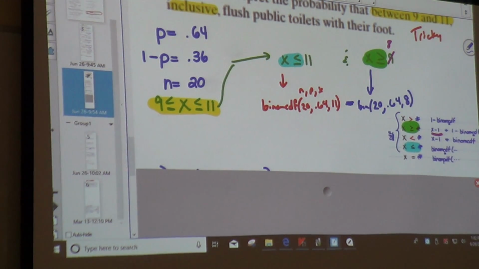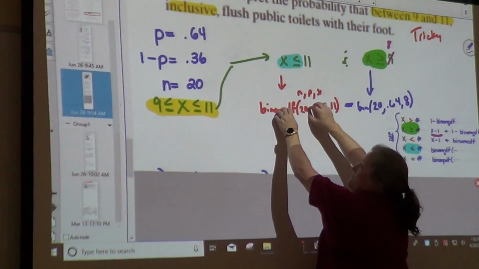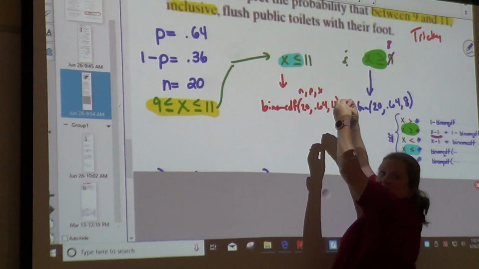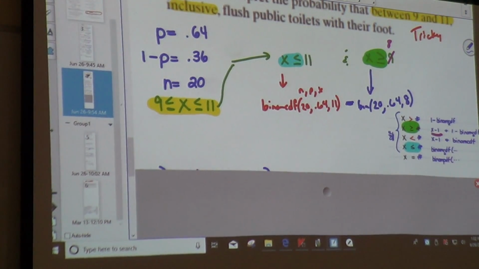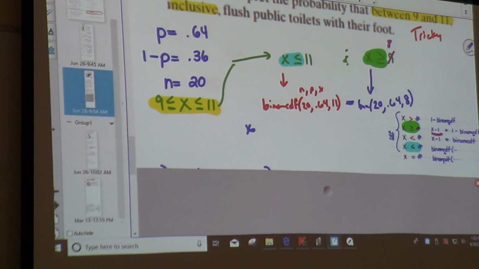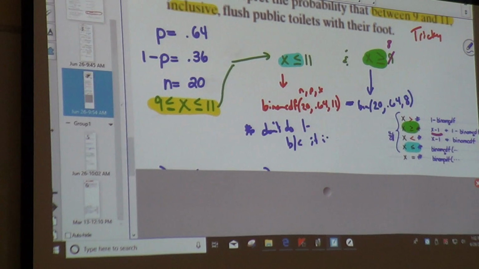So you're not going to do the 1 minus, because you're minusing it from this, because it's a between. Don't do 1 minus because it is a between.